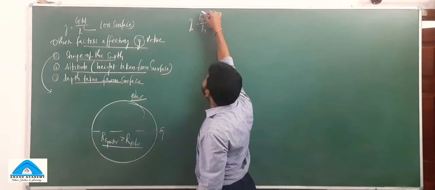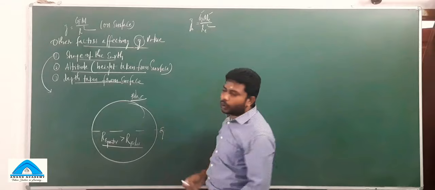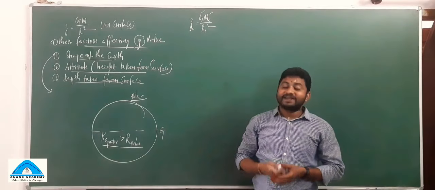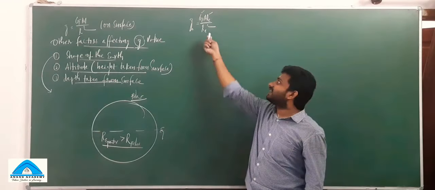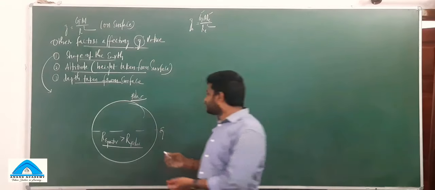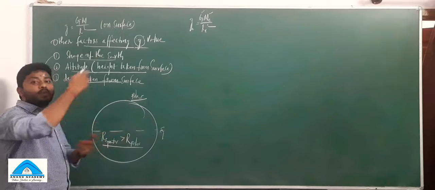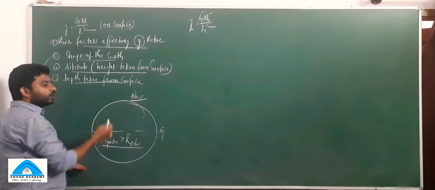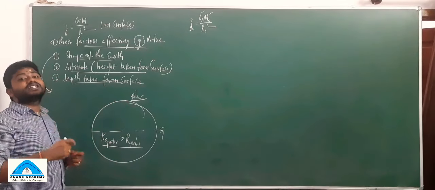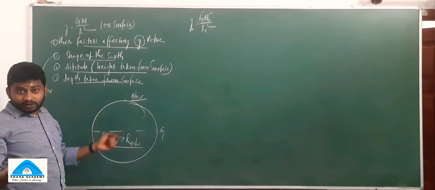Capital G value will be the same and the mass of the earth also will be the same. Now the only thing that differs here is the radius of the earth. So at this point, if you keep the body, the earth's radius at the equator is more. At this point you keep the body, the radius of the earth at the pole is less.